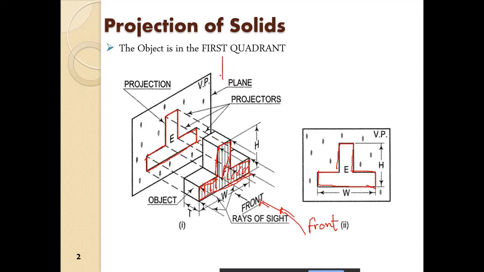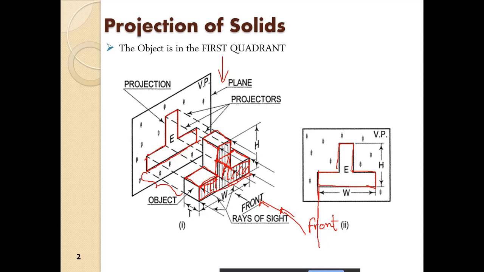Obviously, if you see from top, what you will see is that at a particular distance, first of all, you will see this plane, then this plane, and the other side of the plane over here. So it will look something like this.